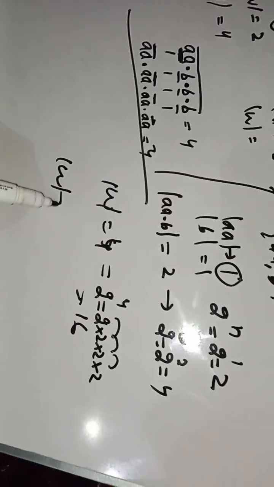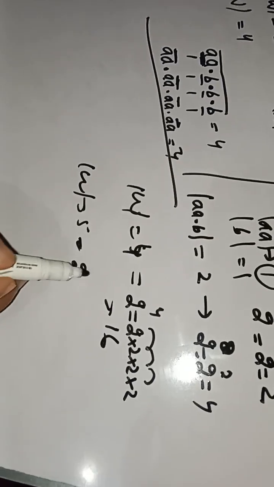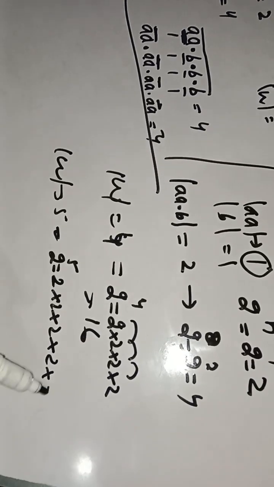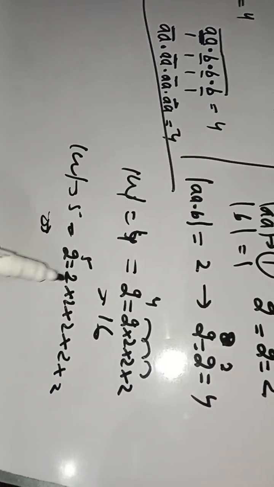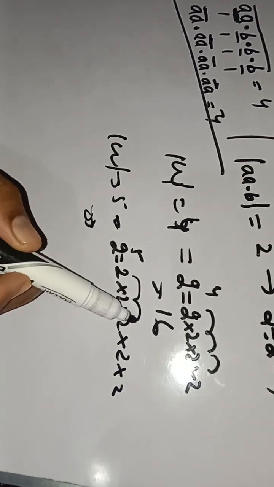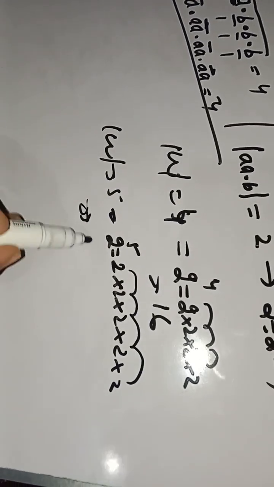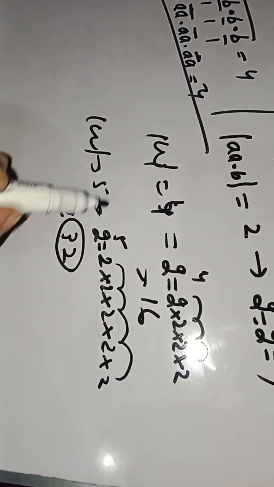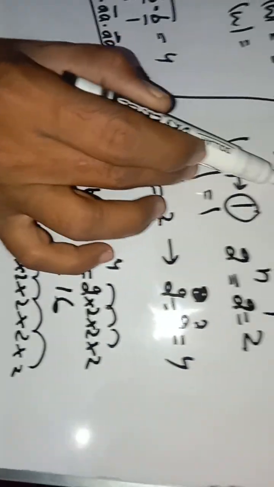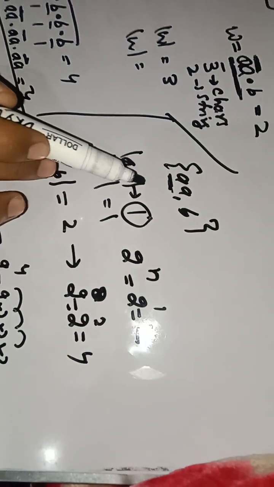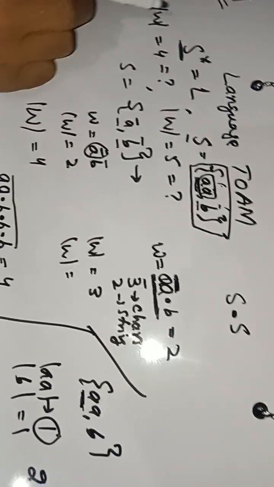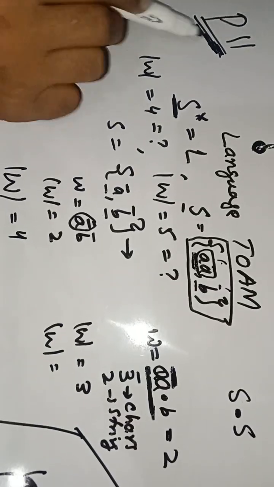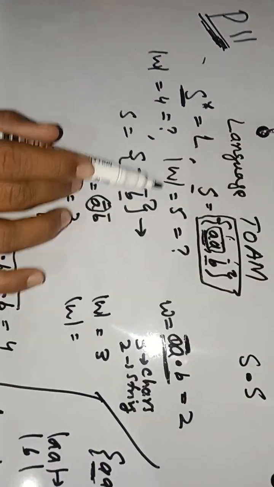With length 5, the number of words would be 2 power 5, which is 16 times 2, that is 32. So with length 5, 32 words can be formed, in the scenario where double A takes only a single position. So this is the solution of problem number 11, which asked about the words of length 4 and 5. That's it.